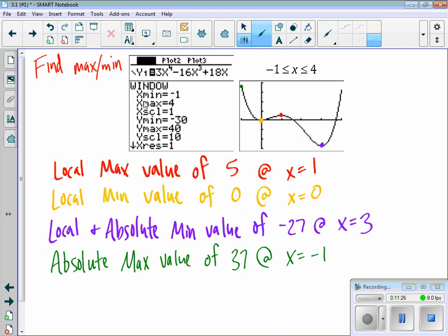So questions on any of those concepts? So this one over here is absolutely nothing, correct? Because it can't be local. We know that because it's an endpoint. It's not the absolute because it's not the very highest. So this one here is nothing. Does that help clarify some of the things about absolutes and locals? We feel okay about that? Okay.